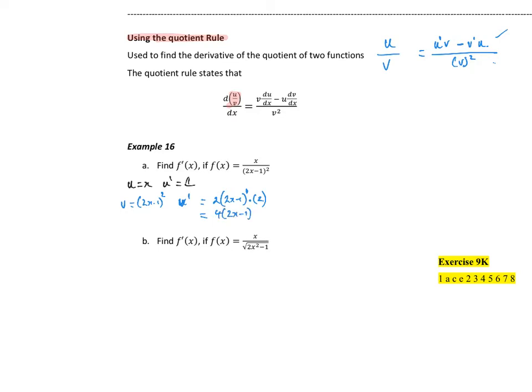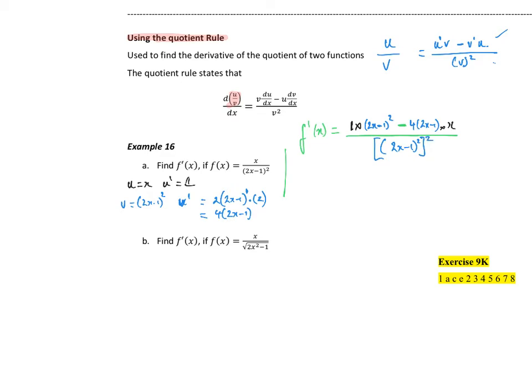All right, so now my derivative, f dashed of x, is equal to the derivative of the top, which in this case is 1, times the bottom, which is 2x minus 1 squared, subtract the derivative of the bottom, which is 4 times 2x minus 1, times the top, which is x, all over the bottom squared, which is 2x minus 1 squared, all squared.